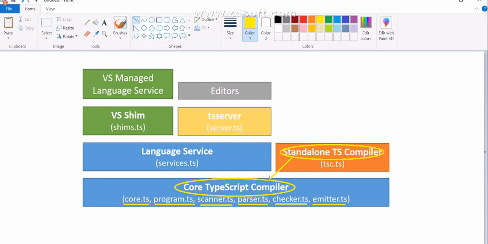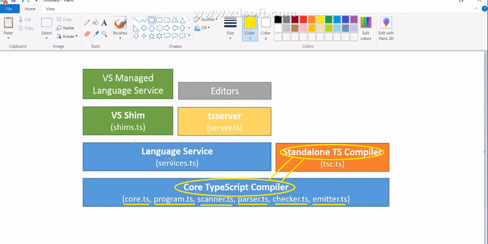Through that compiler, first it will verify the problems. After verifying, it will translate into JavaScript. So internally both are working. So that is the standalone and the core compilers. Two types of compilers are there. You have language service.